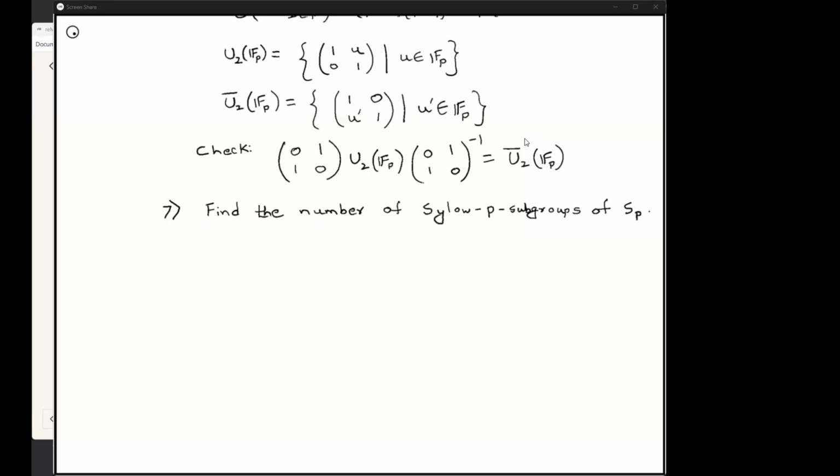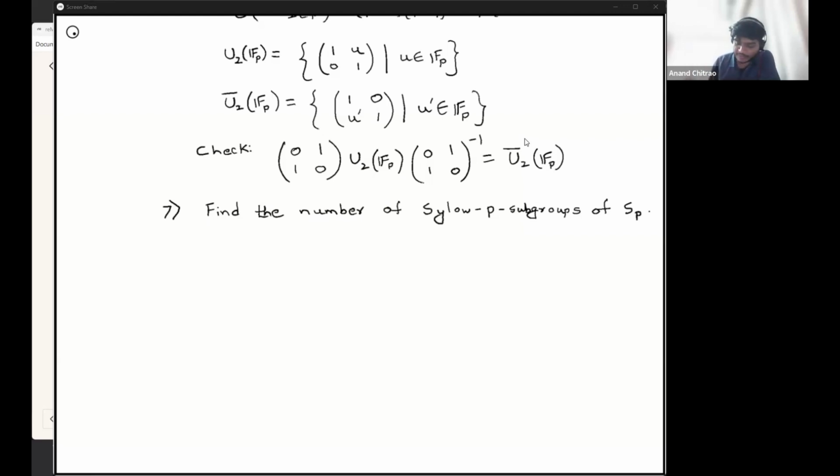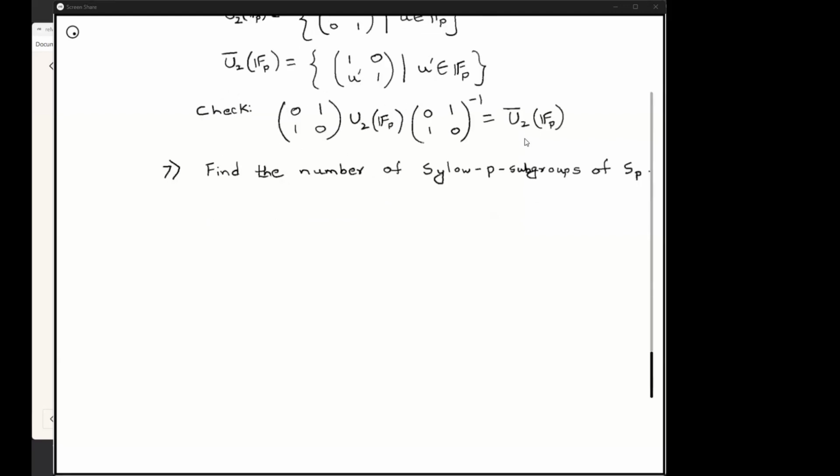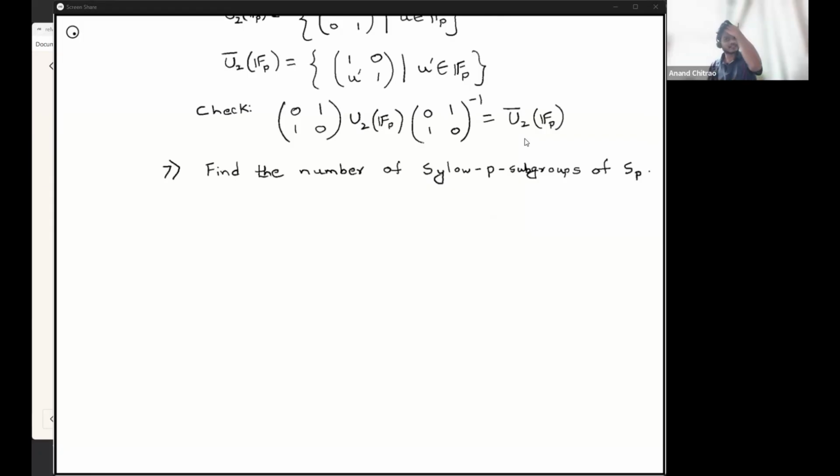So p minus 1? There are many of them, not just p minus 1. So you have to look at first the number of order p elements in Sp. That's like counting the p-cycles in Sp. And then note that p minus 1 of them generate the same subgroup.